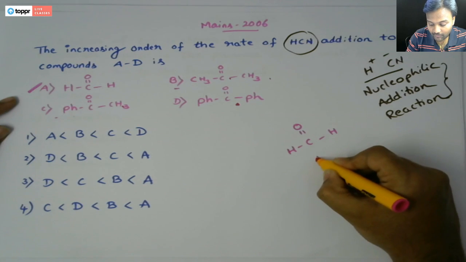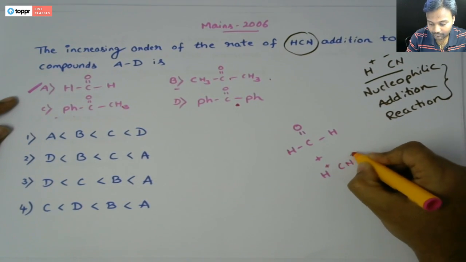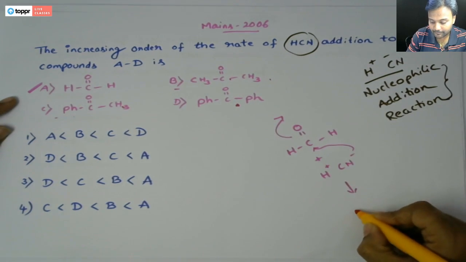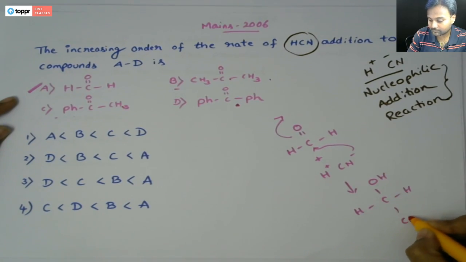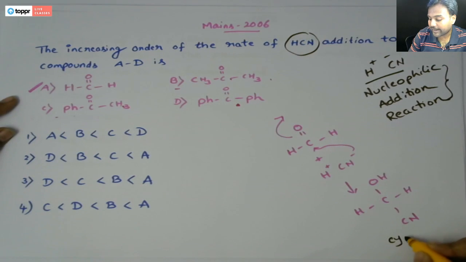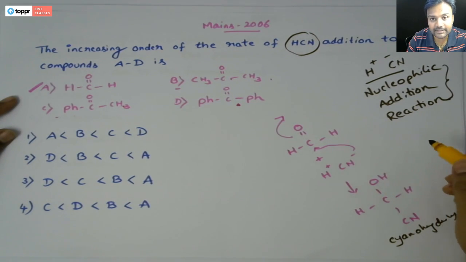will react faster in this way and forms cyanohydrins because of the presence of very less sterically hindered groups.